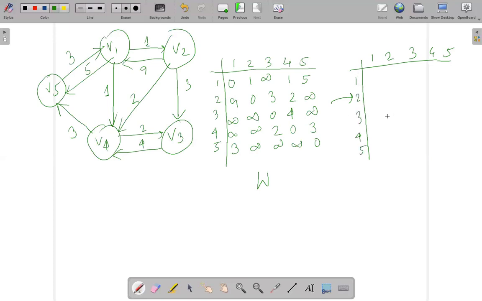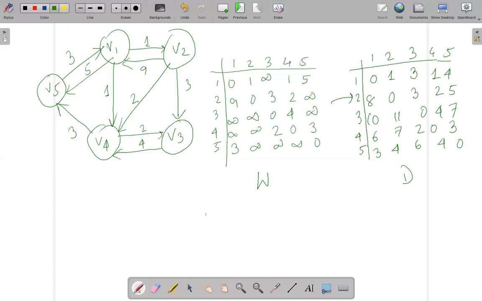However, the challenge is to obtain such a matrix for a large graph using some algorithmic technique. So let's call this matrix, the shortest distance matrix, D.